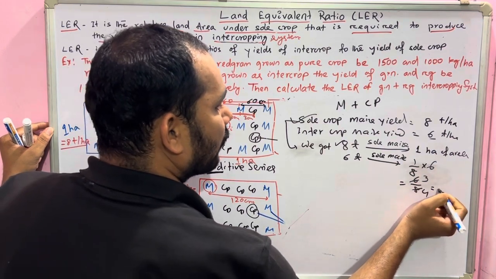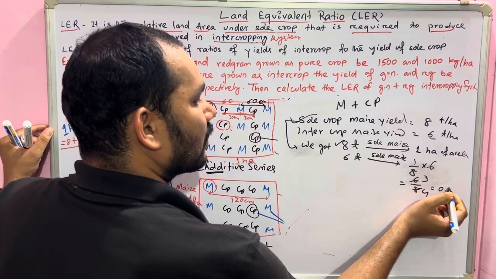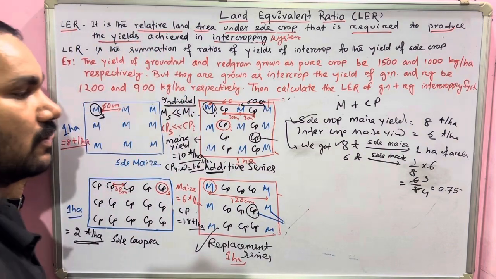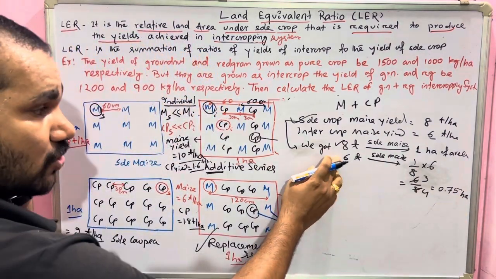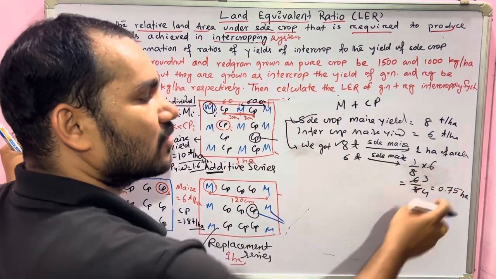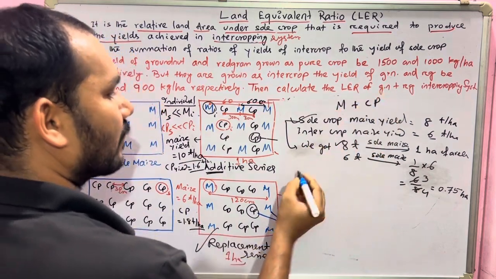So 3 by 4. 3 by 4 means, you can see here 0.75. 0.75 hectare I needed. So in order to produce 6 ton maize, how much of sole crop area do I need? 0.75 hectare. Okay. Coming to cowpea.